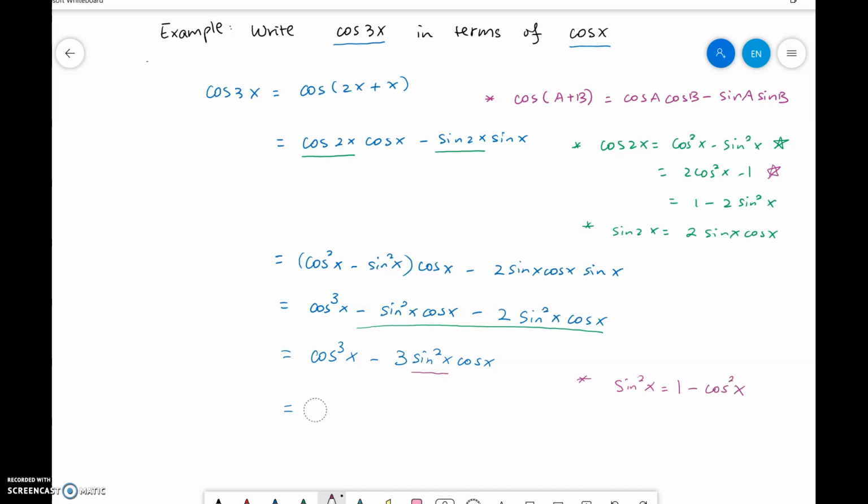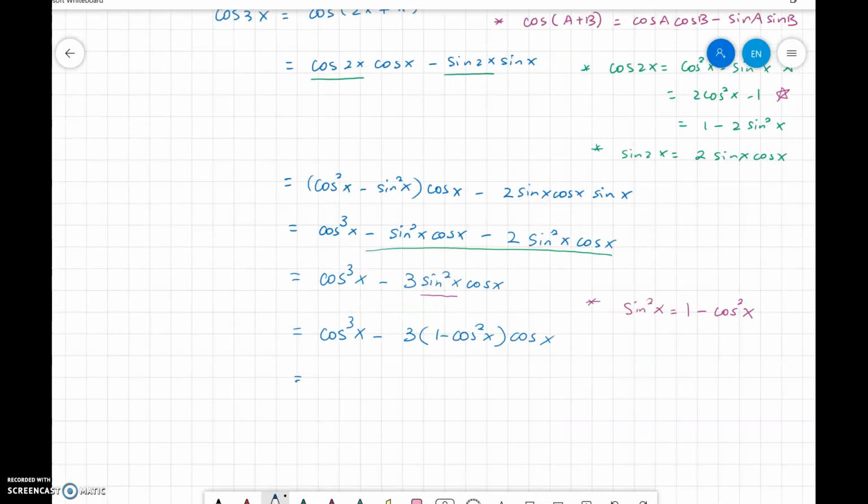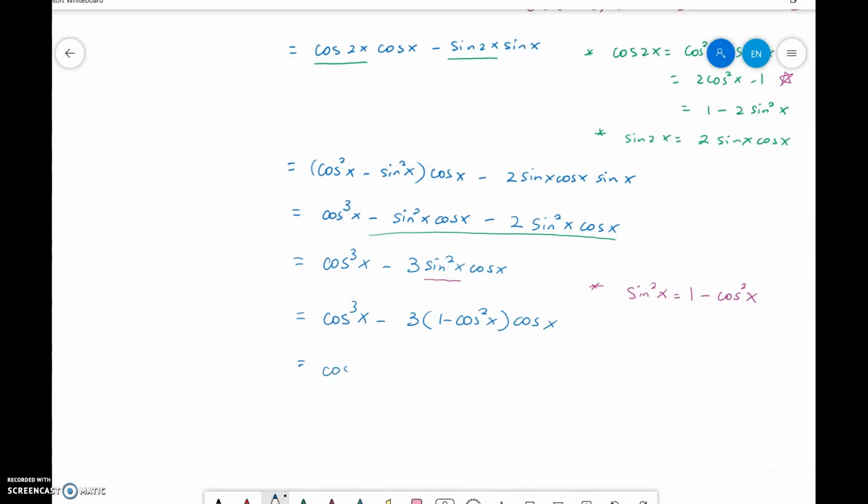So I will have cosine cubed x minus 3 times 1 minus cosine squared of x times cosine of x.